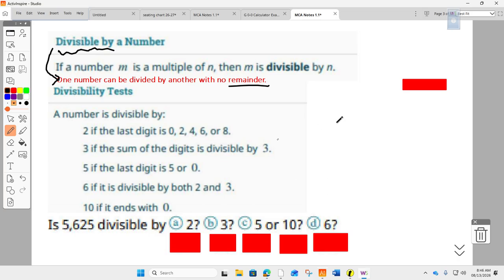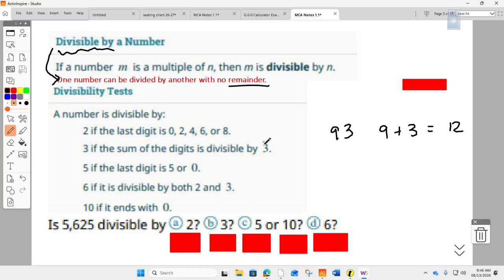So for instance, 93, right? So 9 plus 3 is 12. Is 12 divisible by 3? So now we know that 93 is divisible by 3.